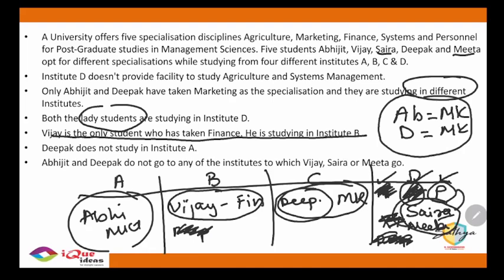That means nobody has taken agriculture, and the ones with personnel are Saira and Meeta, and nobody has taken systems. Nobody has taken agriculture or systems. The institutes are offering them, but nobody is studying them. Are systems and personnel one subject? Systems and personnel, two. Agriculture, marketing, finance, systems and personnel.